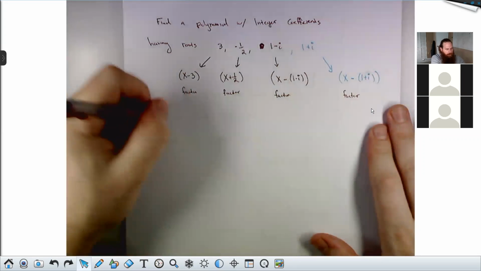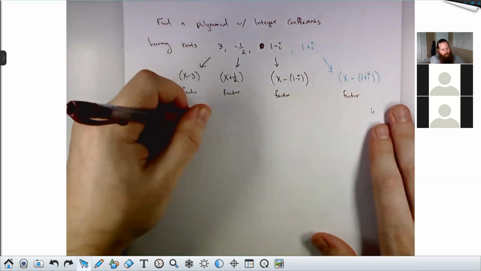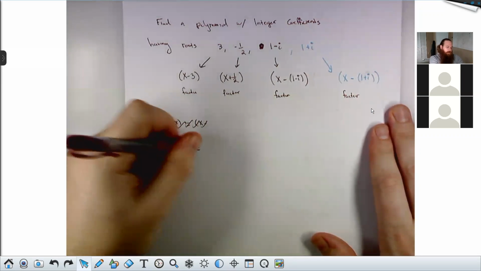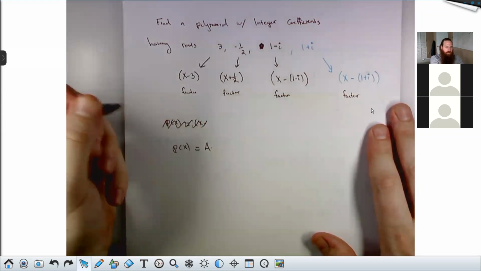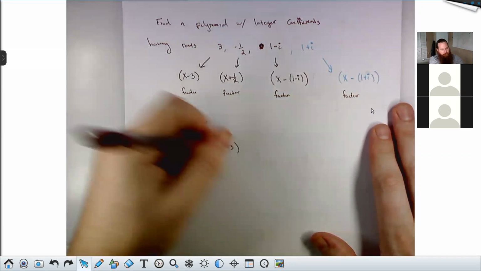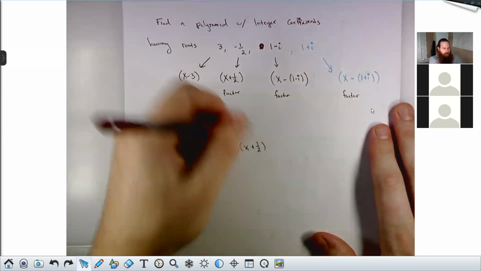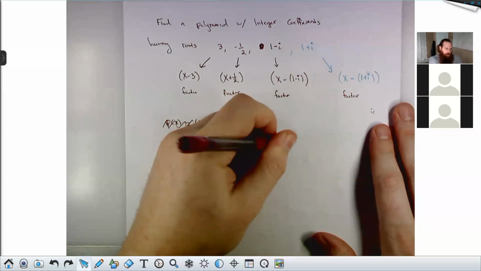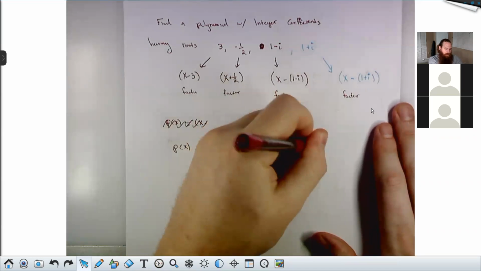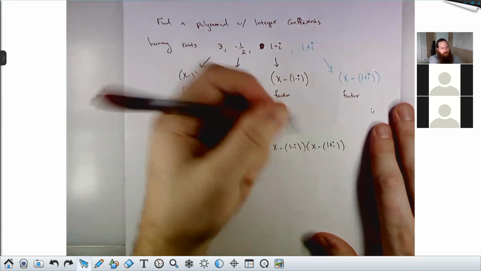So then my polynomial could have any lead coefficient, a, but must have the factors x minus 3, x plus 1/2, x minus 1 minus i, and x minus 1 plus i, exactly like this.